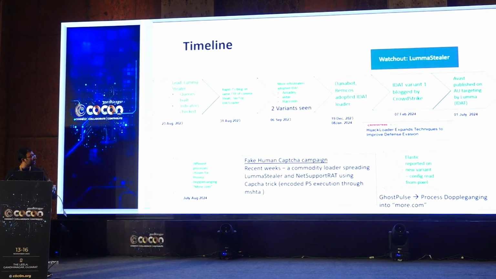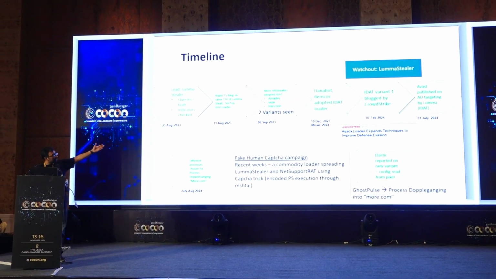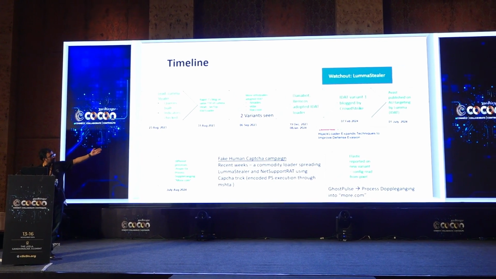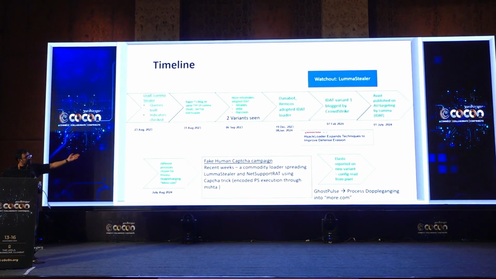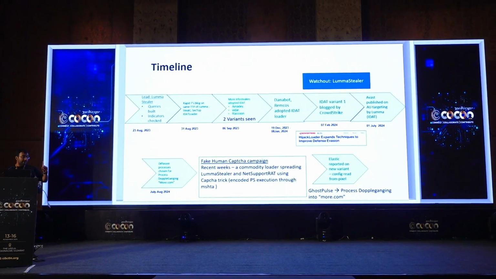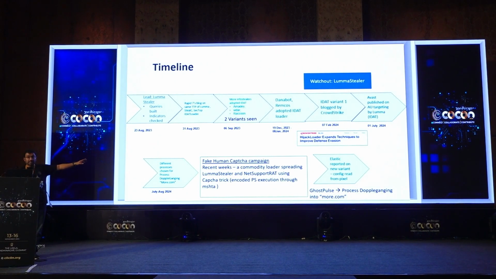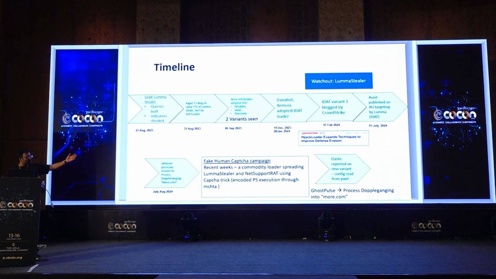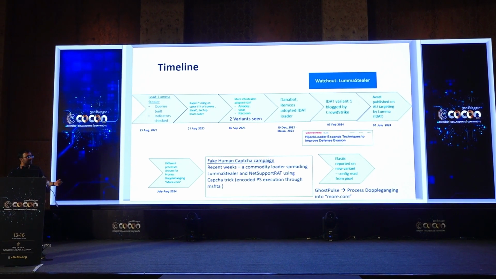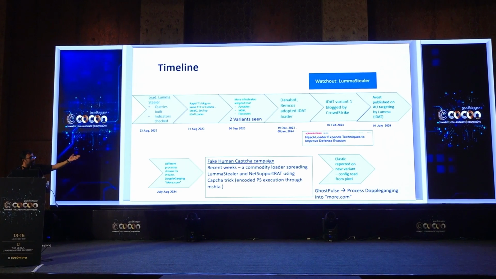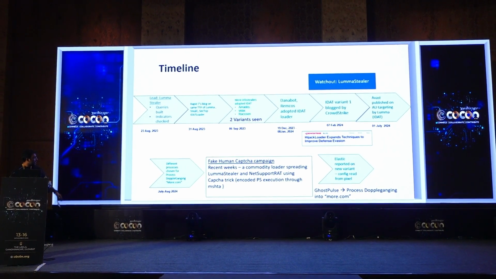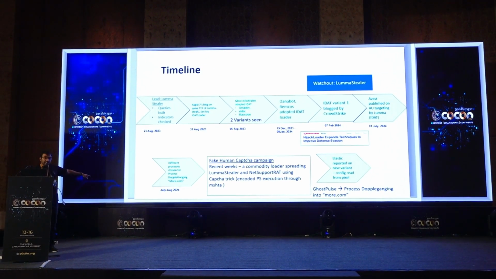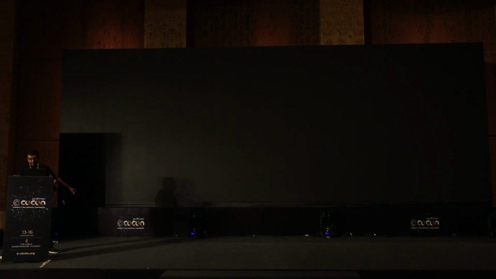I have an image in the next slide. More info stealers started adopting it between December and January. DanaBot, and Proofpoint blogged about variant 1, the first variant, on the 7th of February. Others blogged about a story of an Australian government official hit by malware that was using IDAT in July 2024. Now here comes the interesting part for a threat hunter.